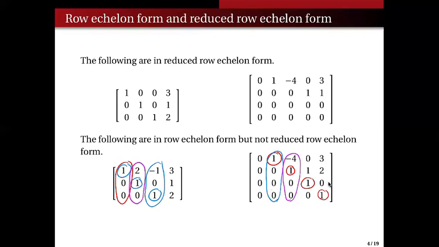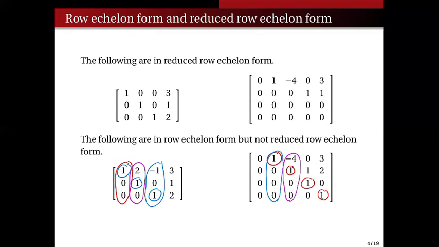For the third row here, the leading one is to the right of the leading one of the second row. For the fourth row here, the leading one is to the right of the leading one of the third row.